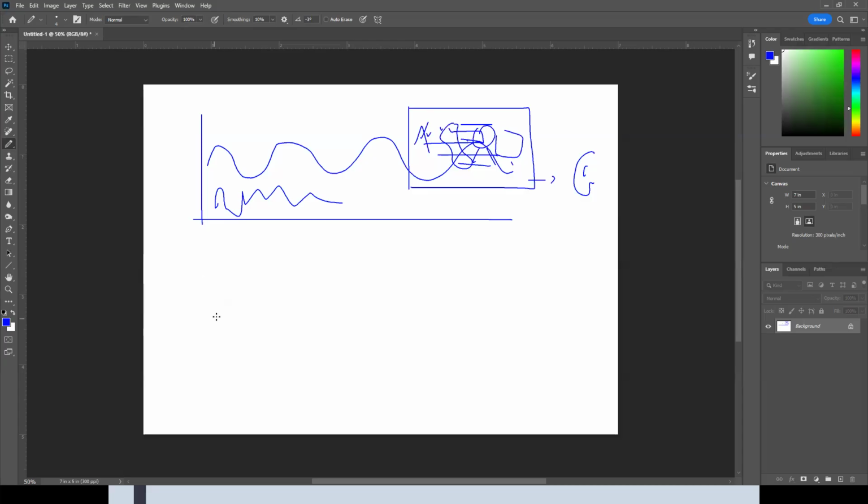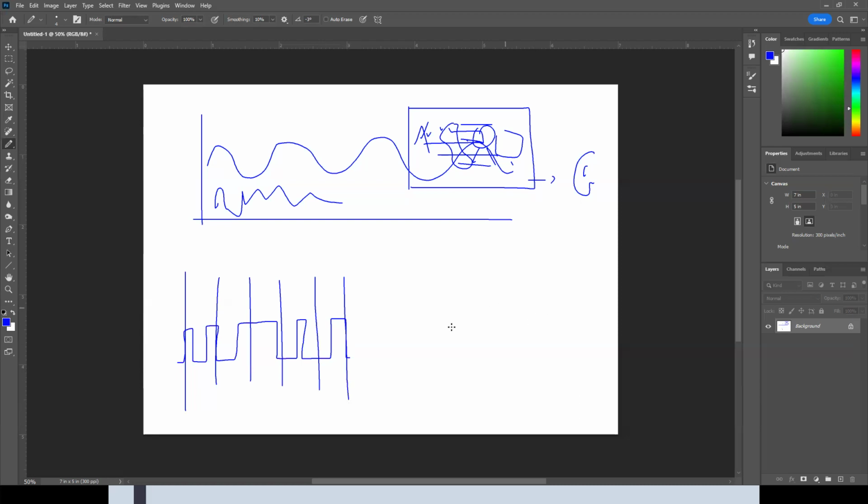When it comes to digital, signals are square waves, right, or spikes. That would be an ideal type. And the digital signal is divided by slots, time slots, and it's being transmitted.